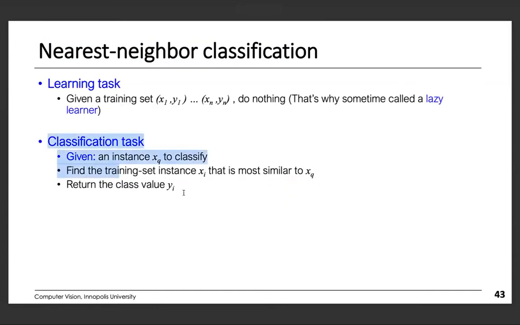In this example, k is equal to 1 because we're looking for just the closest point to XQ. But in general, you could set k to, for example, 5 or 3. It's not going to look for just the most similar point. It's going to look for the 3 or 5 most similar points, and then it will return their average class value.